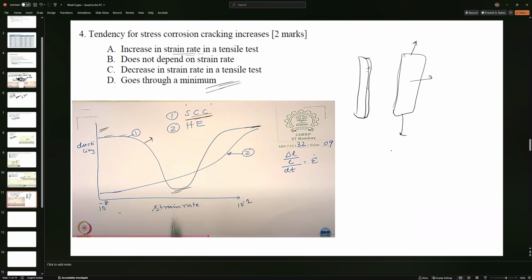In between, there's a region where the salinity is sufficient enough that any crack formed is large enough and it doesn't get passivated fast enough, so here it becomes prone to SCC. That's why it goes to a minimum.